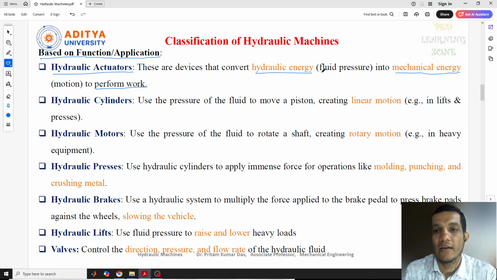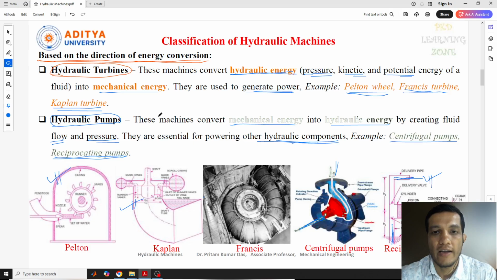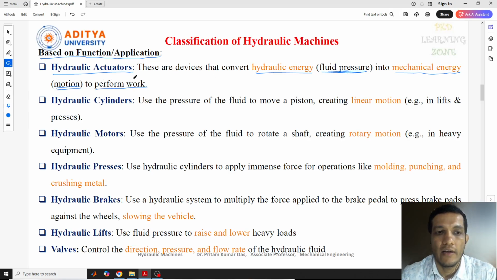Hydraulic energy is nothing but the fluid pressure present there, which will be converted into motion. You can see here the hydraulic energy converted to mechanical energy. Like the work of a turbine, the hydraulic actuator is also a device which converts hydraulic energy into mechanical energy.